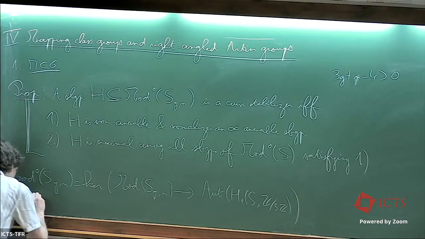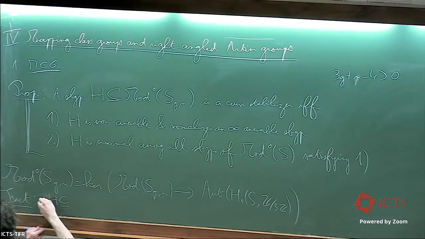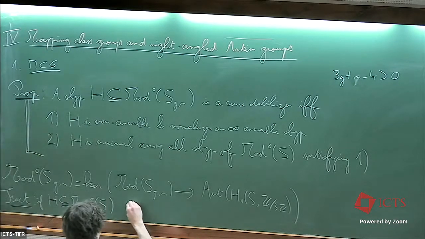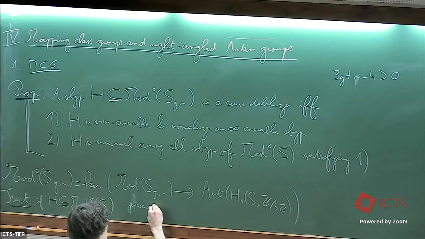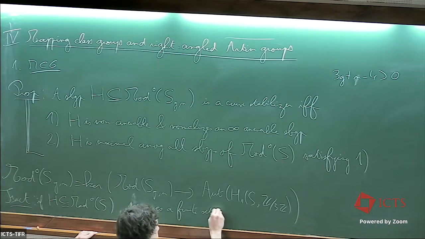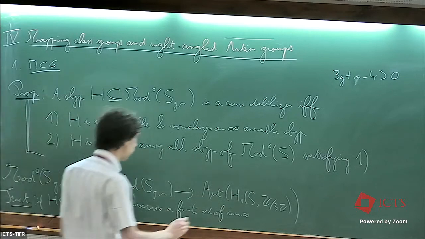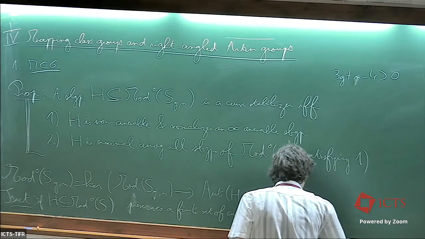Well, the thing is that this is a fact due to Ivanov, I guess, that if you have a subgroup of this kernel in homology mod 3 that preserves a finite set of curves up to isotopy, then it fixes it pointwise.